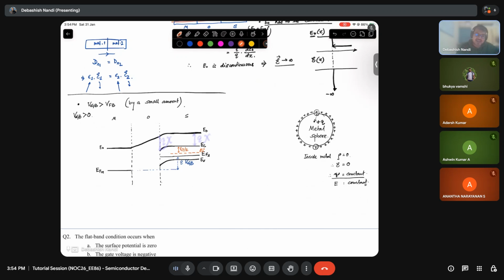It is not exactly Eg by 2 because the effective masses of holes and electrons in silicon are different. It will be slightly lower than Eg by 2, by around 13 millivolt. But for the sake of simplicity, we'll consider that this is Eg by 2, right? So this is also a material property. This also will not change. So this will also start to bend. Fine.